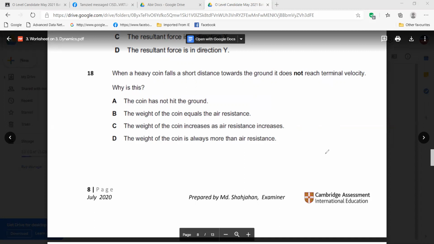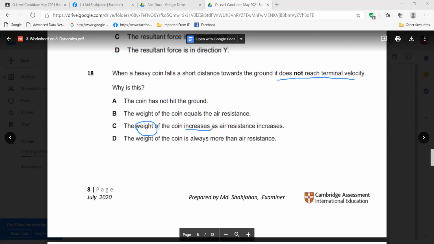When a heavy coin falls a short distance towards the ground, it does not reach terminal velocity. Why is this? Okay, so it does not reach terminal velocity. So still it has the resultant force, right? Working downwards. So you chose the weight of the coin increases, never, weight changes. Weight will not increase, huh? It will decrease.